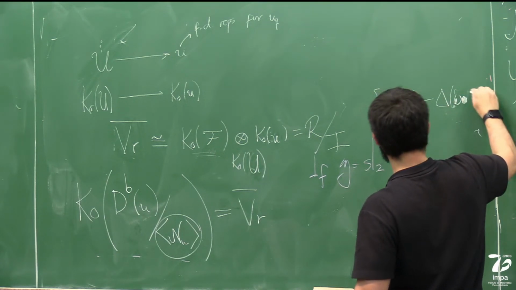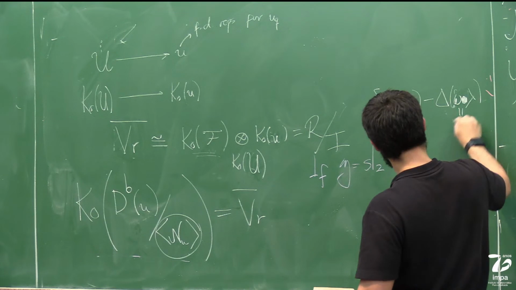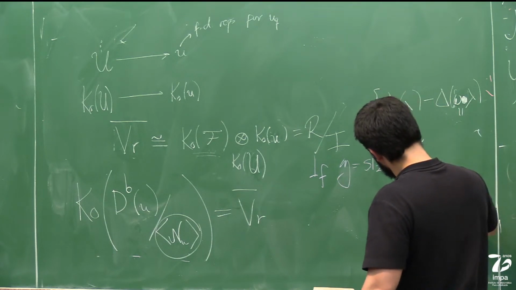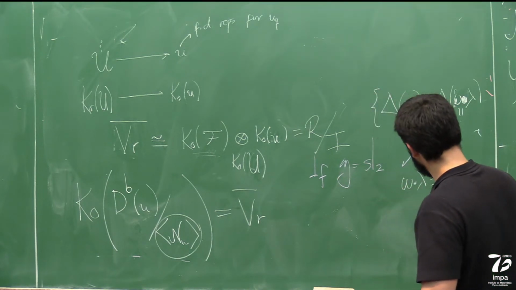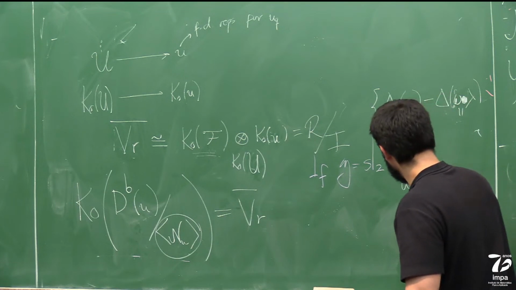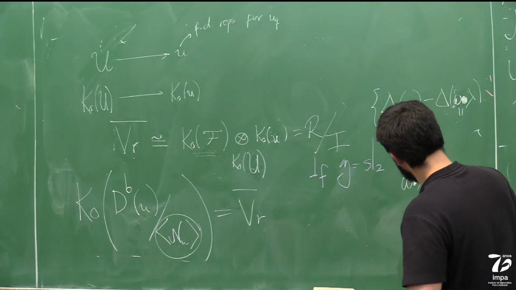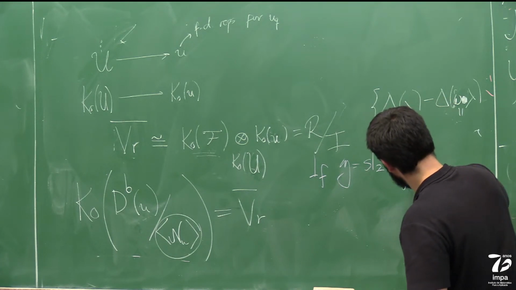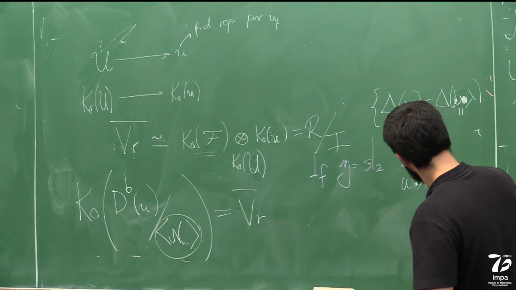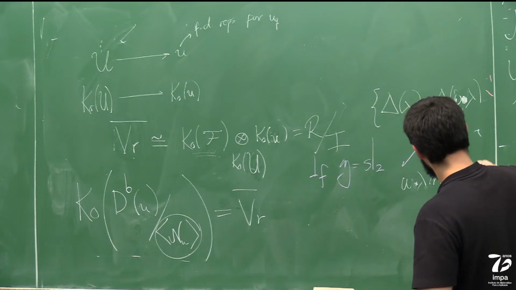She defines another action, big dot lambda, and this big dot action is the usual dot action taken modulo lp.